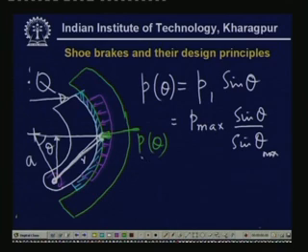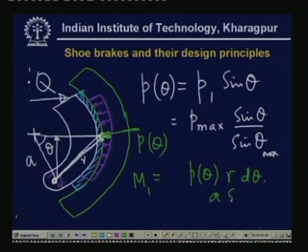Therefore, if we take the net moment of this normal force, let us say M1, this will be equal to the integral of P theta r d theta, the small area, that is the force, times this length, that is A sin theta, and this is from theta 1 to theta 2. So, this is the net moment over here due to this force.